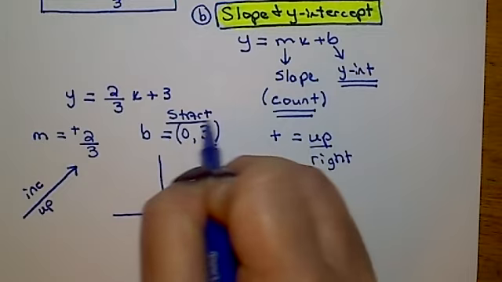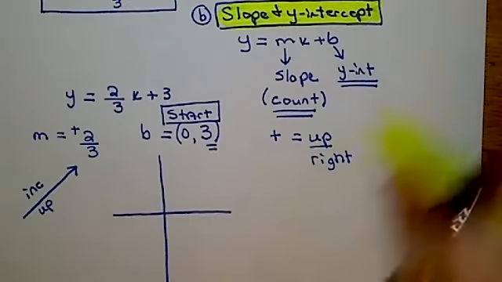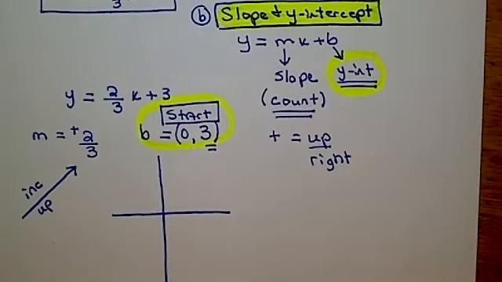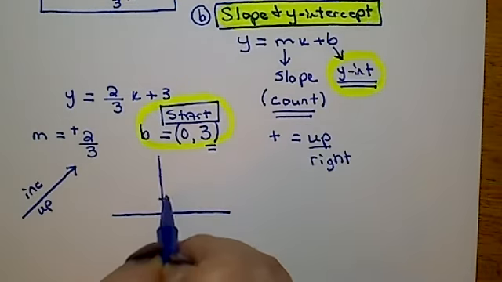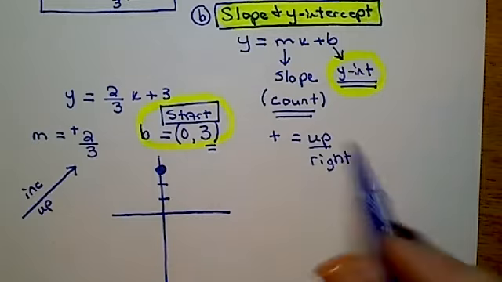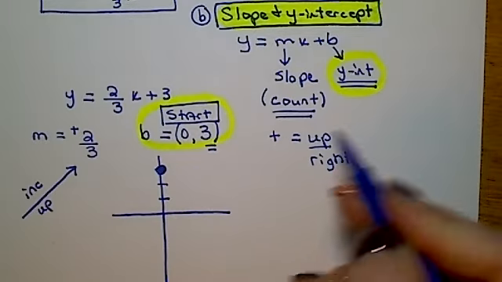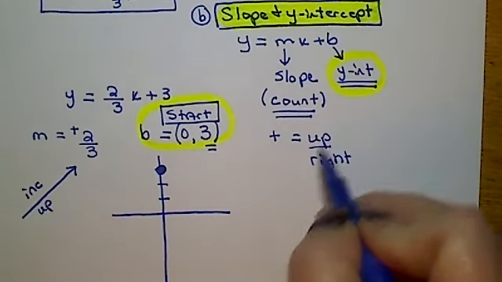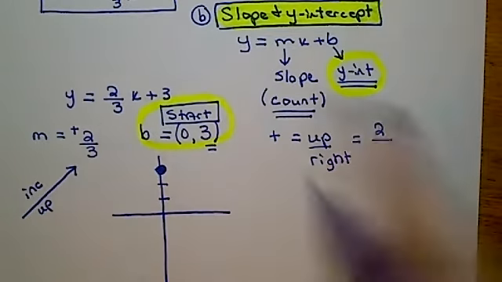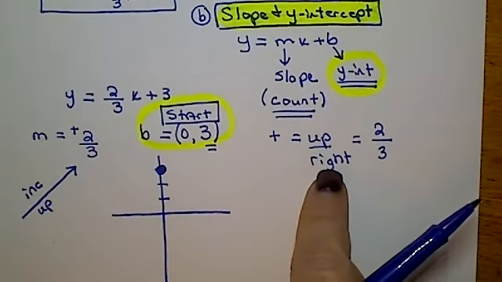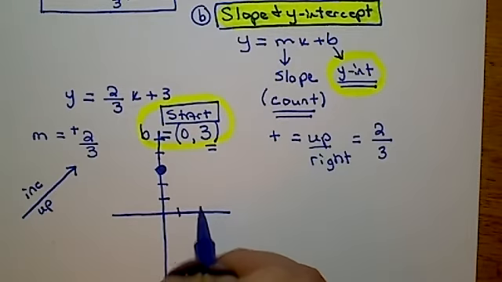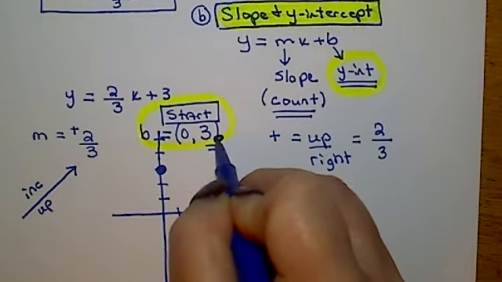You start with your point, okay? So you're going to start with the y-intercept, which is this point right here. So we're going to start at the point 3. The slope being positive tells me that I'm going to go up 2 and right 3.